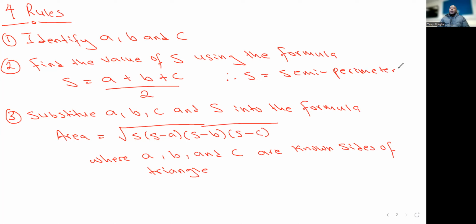Then number 4, when you're done, you simplify.